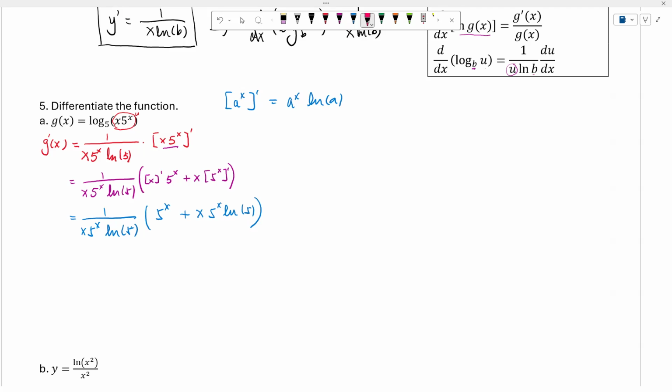Now, let's see if we can simplify the expression. I will have 5 to the x divided by x times 5 to the x natural log of 5, plus x times 5 to the x natural log of 5 divided by x times 5 to the x natural log of 5.